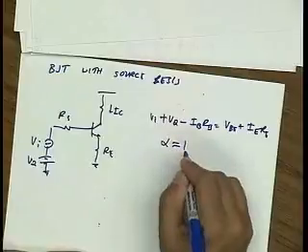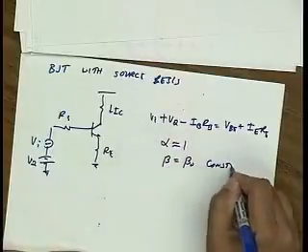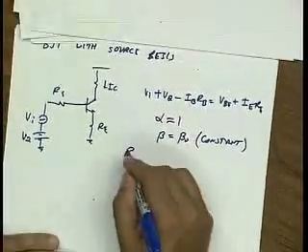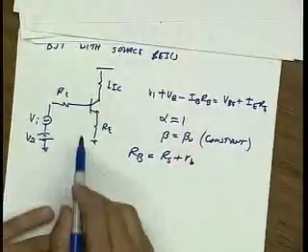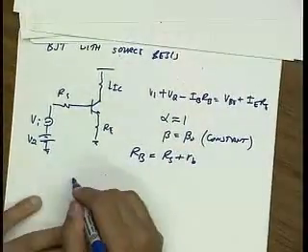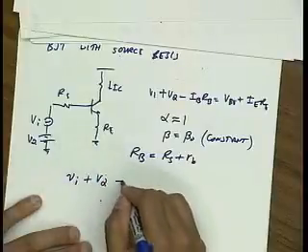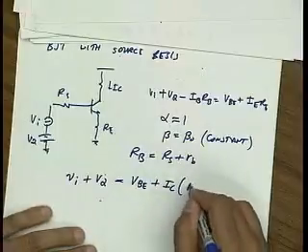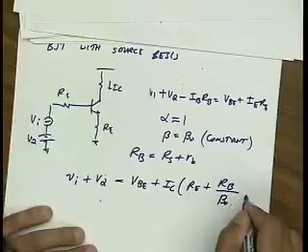So if we assume alpha is roughly 1, and beta naught, let's assume, is a constant, and we let RB equal RS plus little rb, the actual RB of this transistor, then I can write this as V input plus VQ is equal to VBE plus IC times RE plus big RB divided by beta naught.